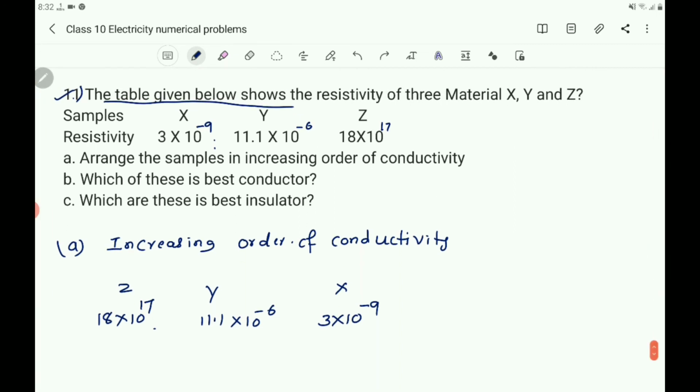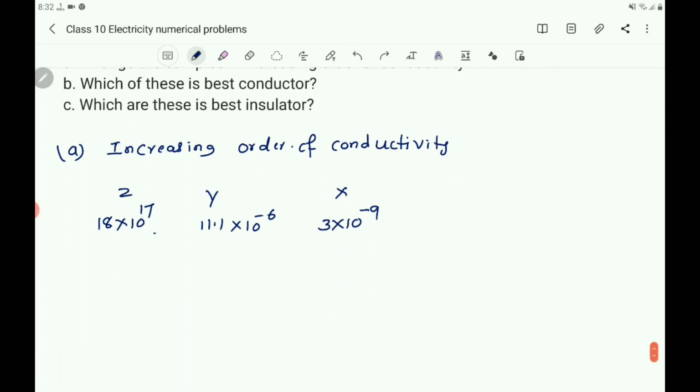Then which of these is the best conductor? Here the best conductor is X. Sample X is the best conductor. So write the answer. What is the answer you are going to write?